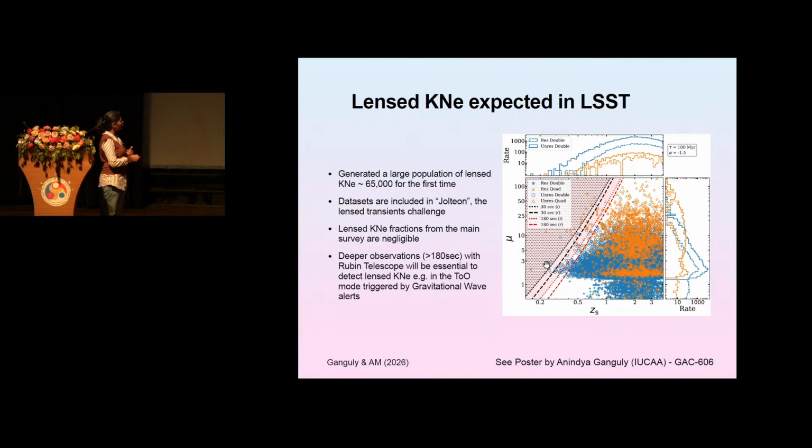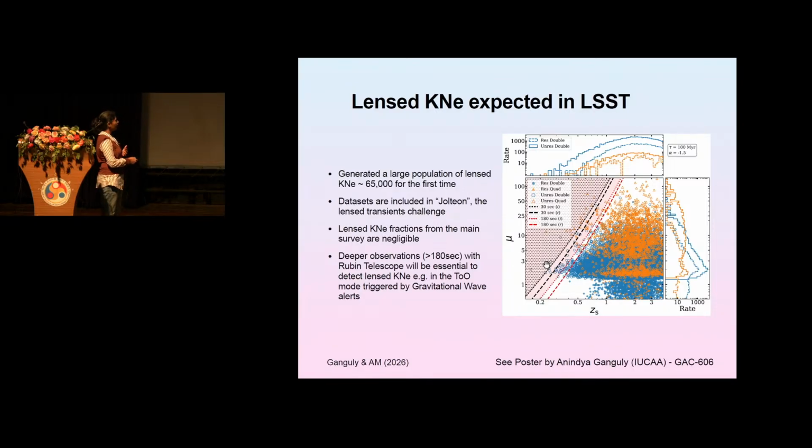I want to also point out that we also looked at the lensed kilonovae population, and here we are showing the lensing magnification as a function of redshift. All these points here are the lensed population that we have generated. The curves here refer to the GW170817-like kilonova, and if the kilonova happens to be on this side of this curve, then it will be detectable with the Rubin LSST.